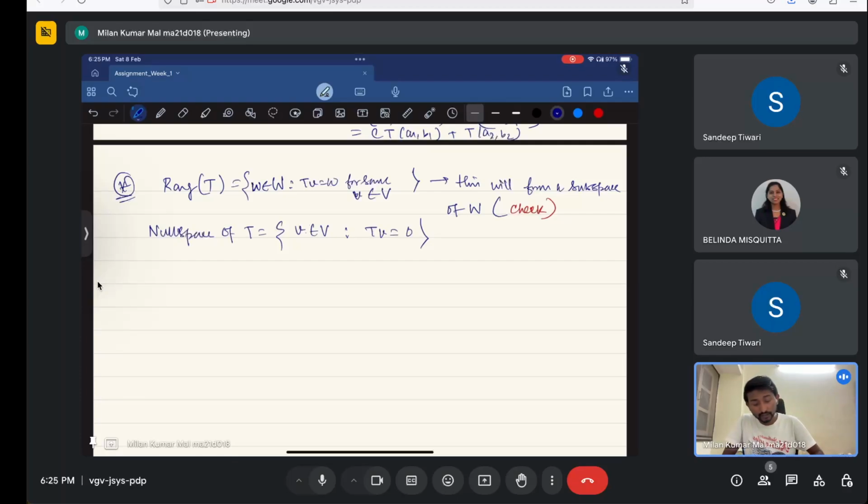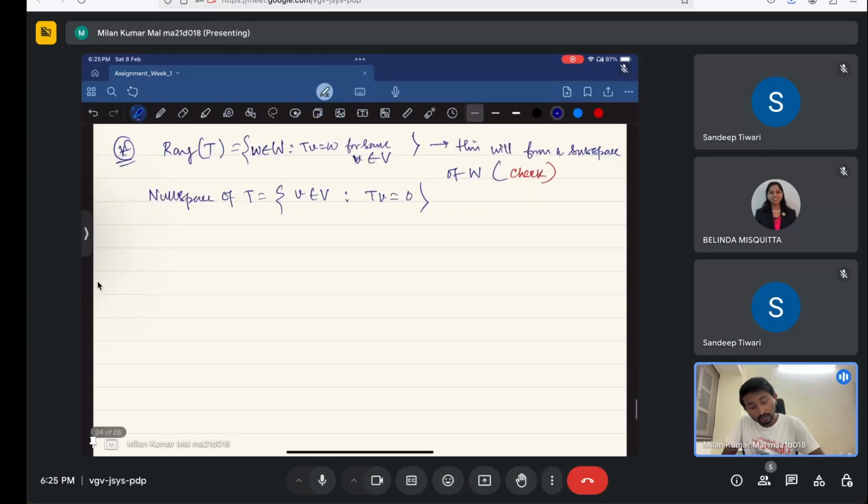There is no problem with this null space. This will also be a subspace of V. One can easily check this; it is a very easy check.